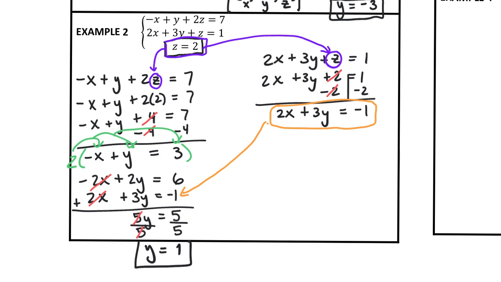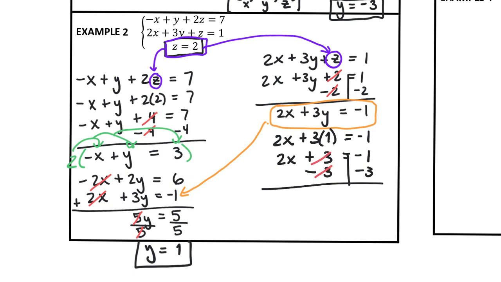Okay, so if I know what y is, can I plug it in over here? Yeah. So again, kind of like in number 1, 3 times 1 equals negative 1. That's 2x plus 3 times 1 is 3 equals negative 1. Subtract 3, subtract 3.